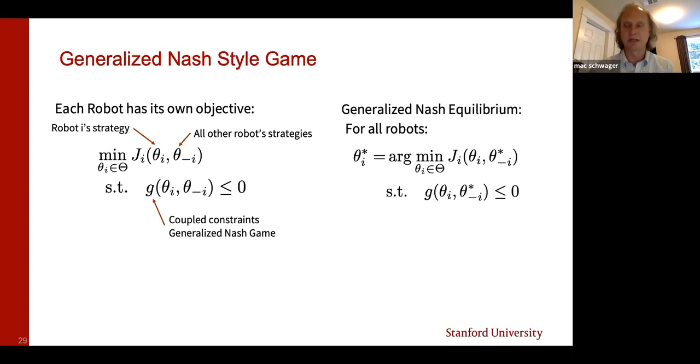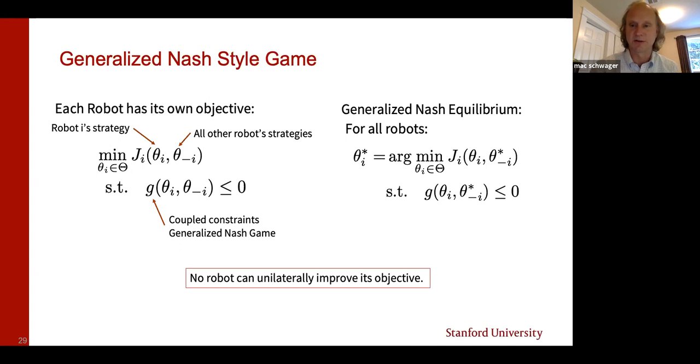I'm at a local minimum conditioned on everybody else's decisions. But this has to be true simultaneously for everybody, so nobody can unilaterally improve its objective. I'm perfectly happy doing what I'm doing, given that everybody else is doing what they're doing. So that's the notion of a generalized Nash equilibrium.